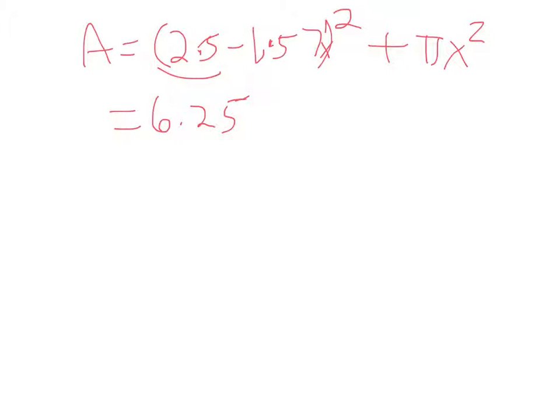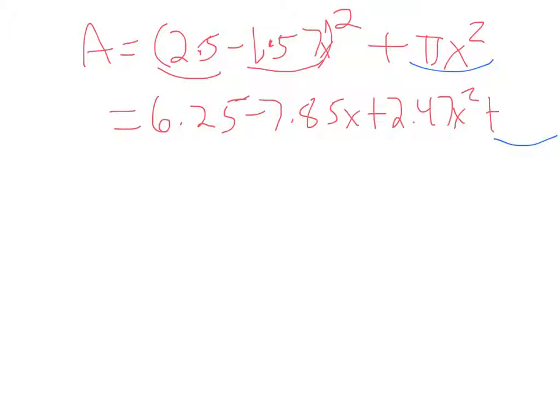So that's going to be minus 7.85x, and then I square the last term, 1.57x, and that becomes plus 2.47x squared, plus this part right here, which I'm going to simplify as 3.14x squared.